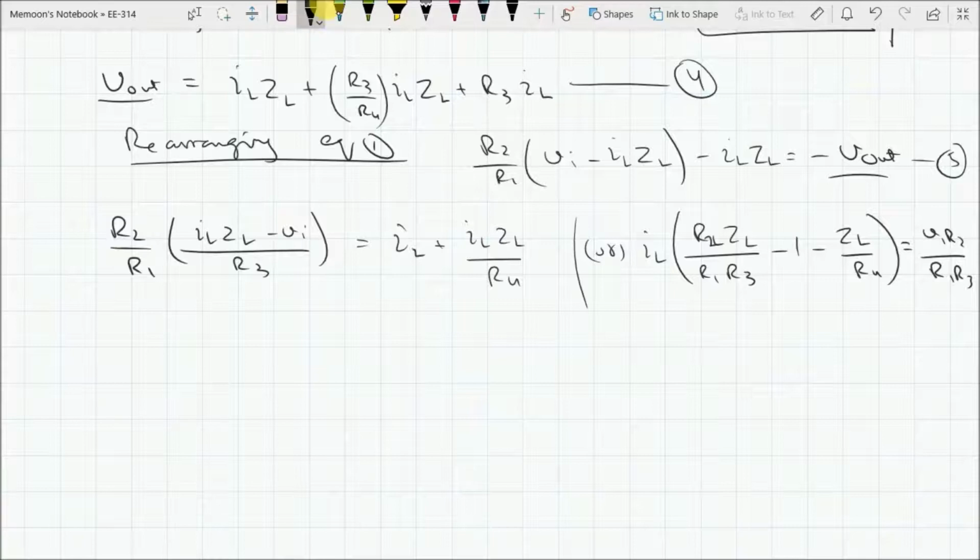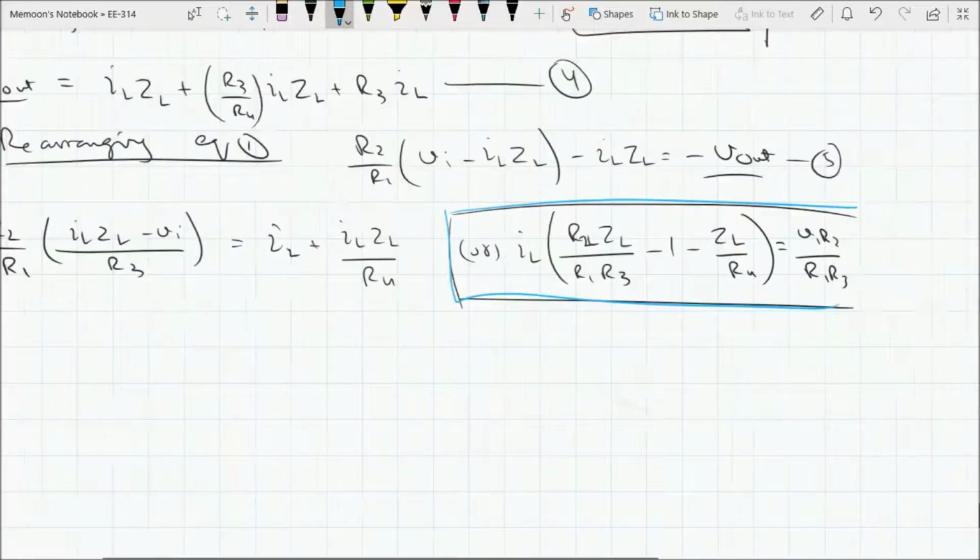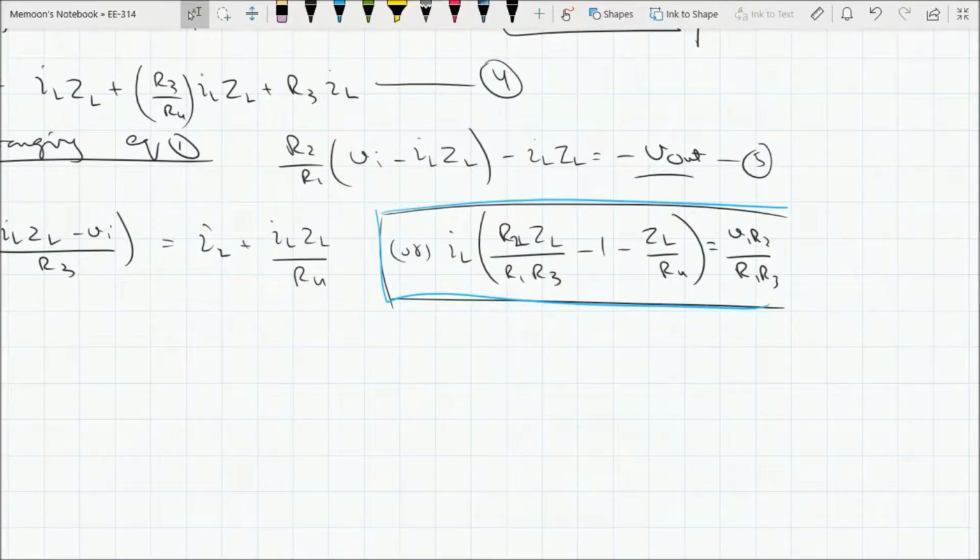Now this expression highlighted in blue is linking our input voltage with our load current. There is no other voltage or current in there. There are only the resistors that we are using in our circuit and the load resistor. So one of our two targets has been achieved.